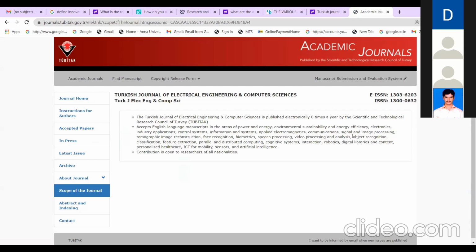This is the scope. So now you can identify. If you have any paper or idea in control system, you can publish your paper. It is the right journal to publish. So first you have to decide your idea, and then you have to decide your journal, right?